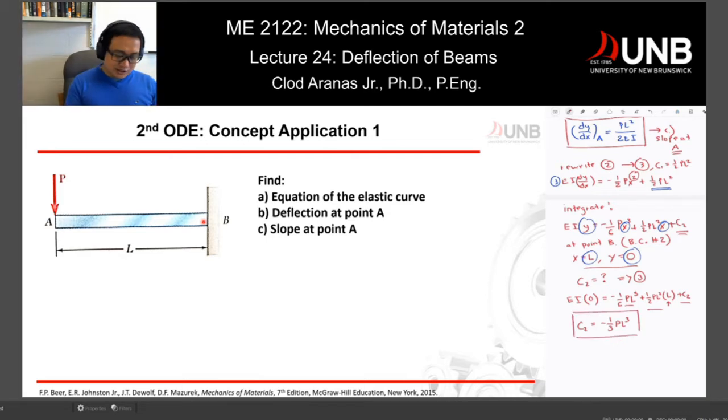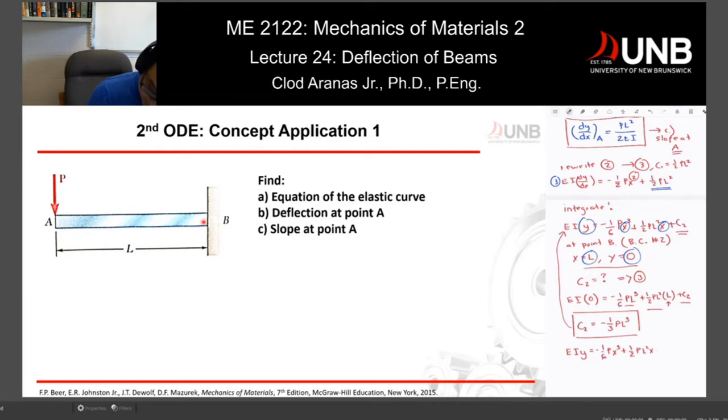I can now substitute C sub 2 on this equation right here, and then I have the following equation. So now substituting C sub 2, we are going to get EI y is equal to negative 1 over 6 P x cubed plus 1 half P L squared x.